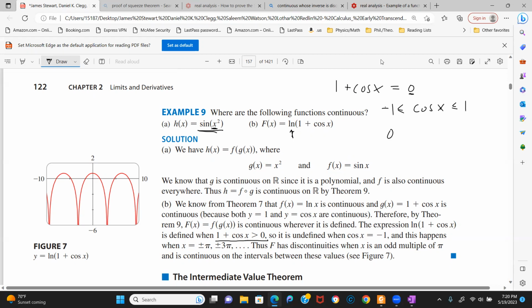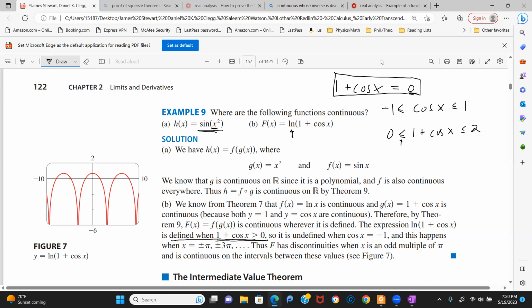If you add one to both sides, you're going to get that 1 plus cosine x is less than or equal to 2. But you have less than or equal to, so it's possible that you could have an actual equality. The good news is that if it's not 0, then it's automatically positive, so it will be defined when this is positive.